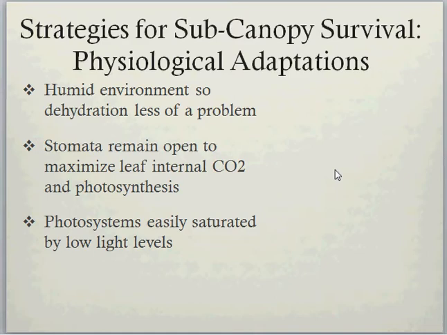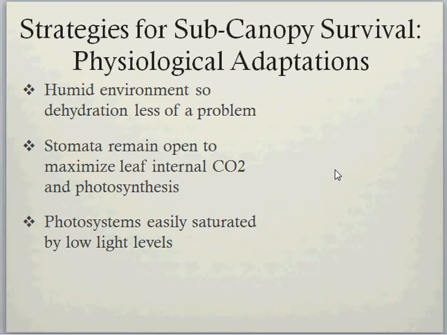Humid environment allows a plant to escape dehydration to a greater extent in the sub-canopy. If the humidity is seldom below 80 to 90% in the understory, the plant can sit there with its stomata open to maximize the leaf internal CO2 concentration and therefore photosynthesis.